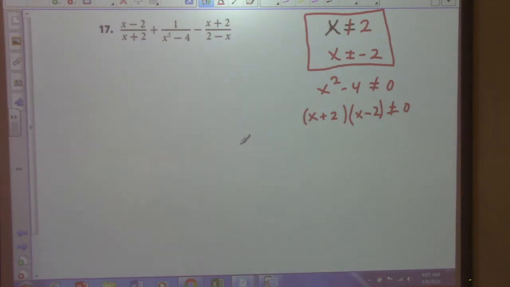What else? Is there a common denominator? x plus 2. I don't like this guy right here. I don't like 2 minus x.